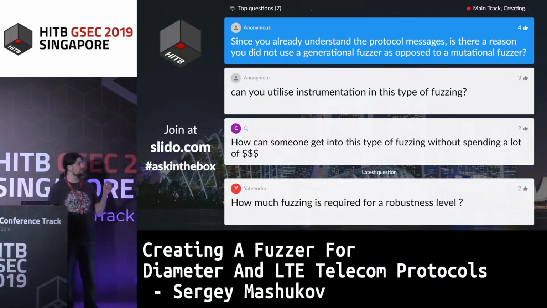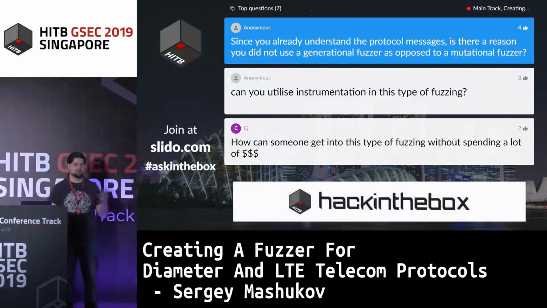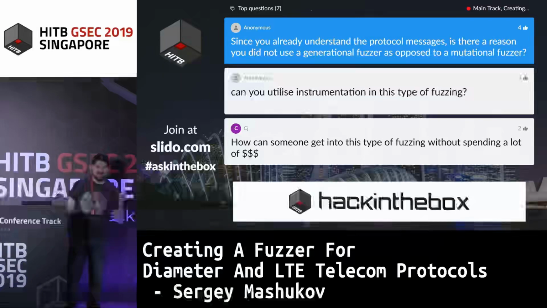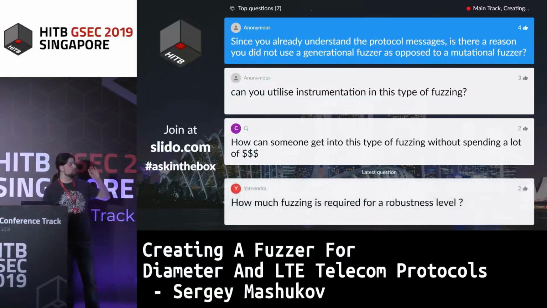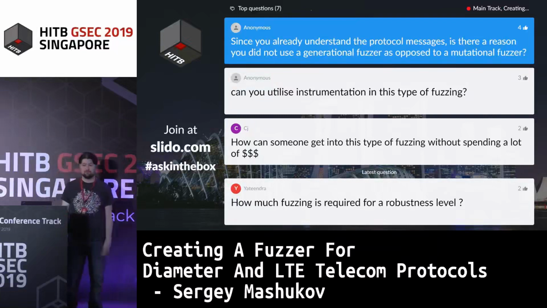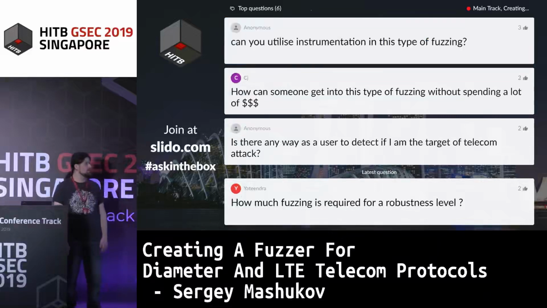Sometimes they need fuzzing results just to bargain with vendors, to say, aha, you have problems, so what about the price? And since we are not doing this all the time, we did the simplest one we could, a mutational one. That's why we haven't considered a generational fuzzer at all. It was just clear to us that it's the way to go.